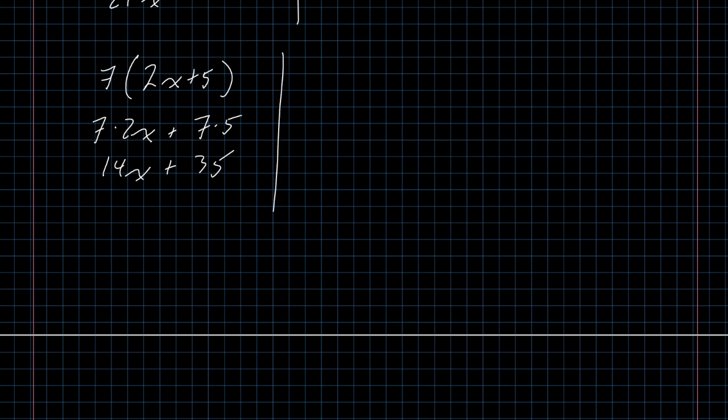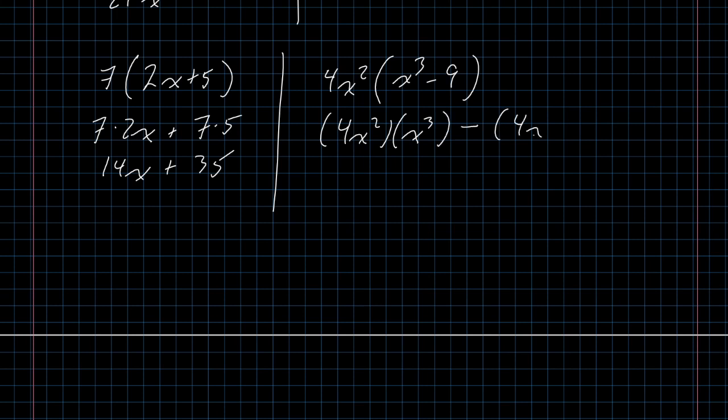If we start adding extra variables into things, so we have something like 4x squared times x cubed minus 9, it doesn't change anything. We will have 4x squared times x cubed minus 4x squared times 9. Just the same distributive property.